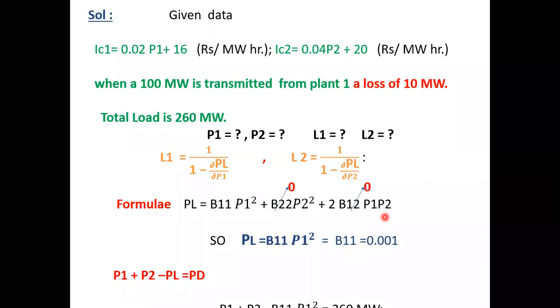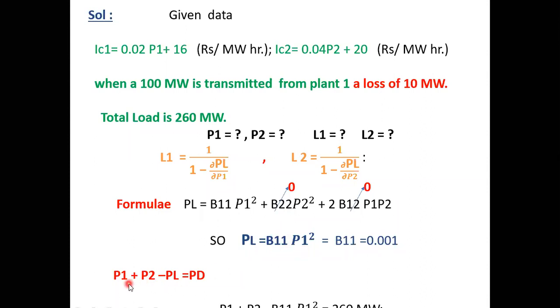In such a case, the coefficient B22 becomes 0. Not only the B22 self-coefficient, the coefficients related to the second plant also become 0. Those are B12 and at the same time B21. So the remaining equation is PL equal to B11 into P1 square.